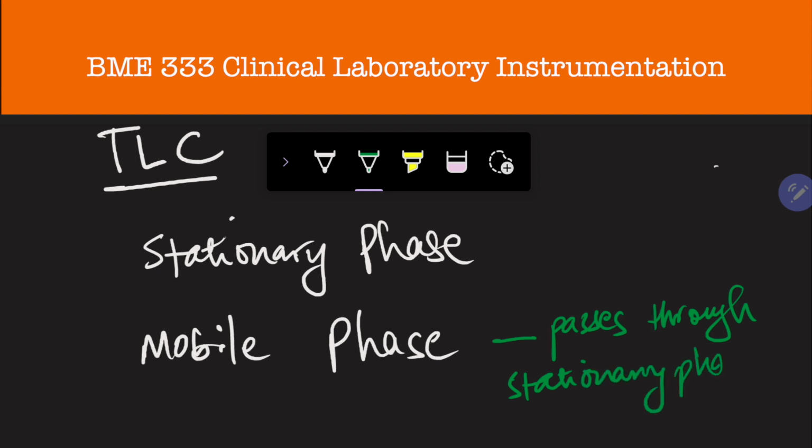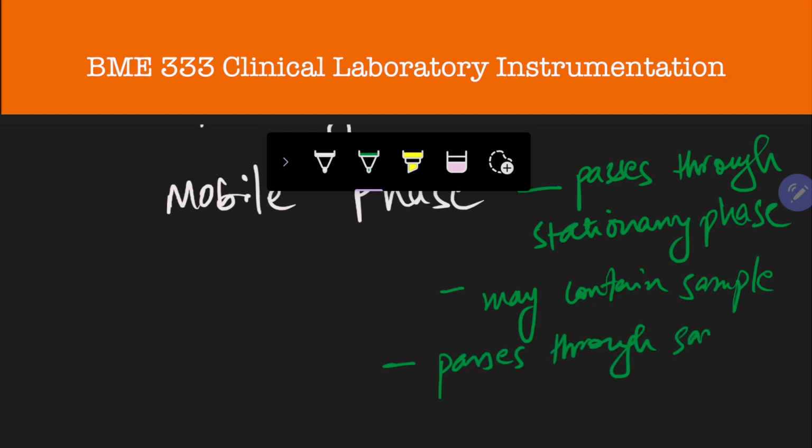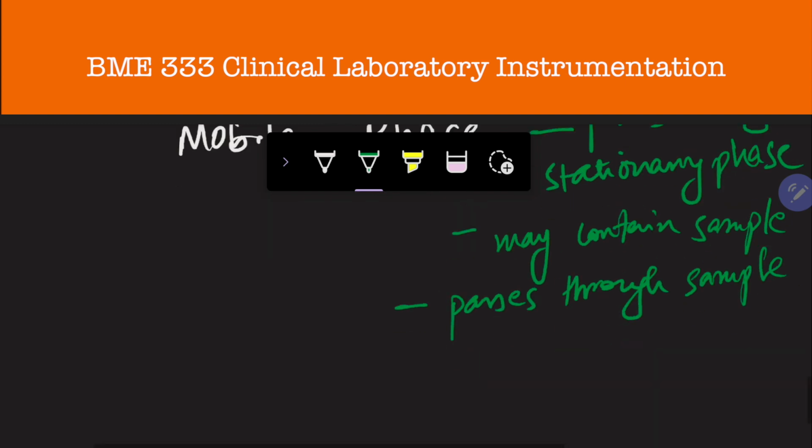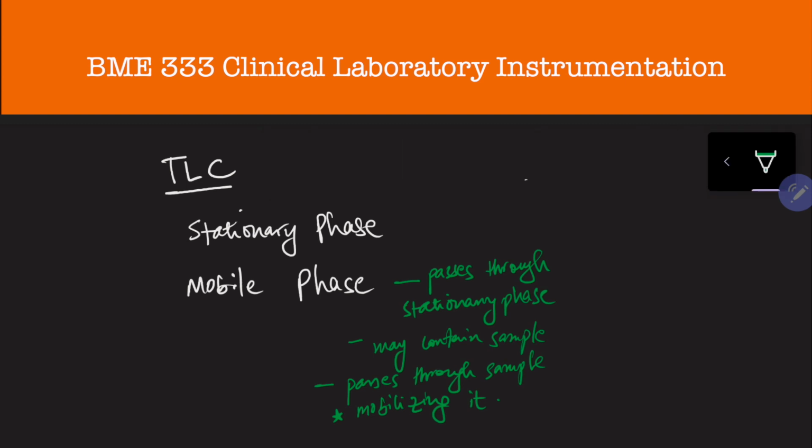So you could tell intuitively now that if you run your experiment for a long time, as time goes by, the components get to the end of the stationary phase. And the simplest, easiest and cheapest technique for this is TLC, which is thin layer chromatography. The stationary phase in TLC is a thin absorbent layer of silica.